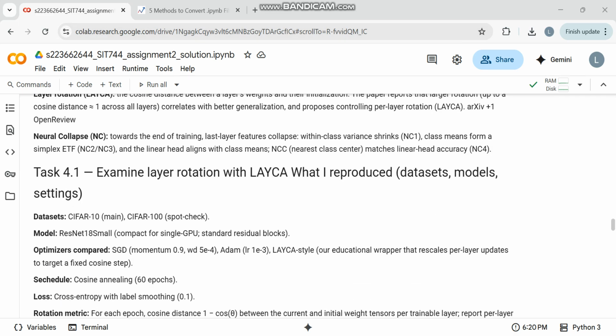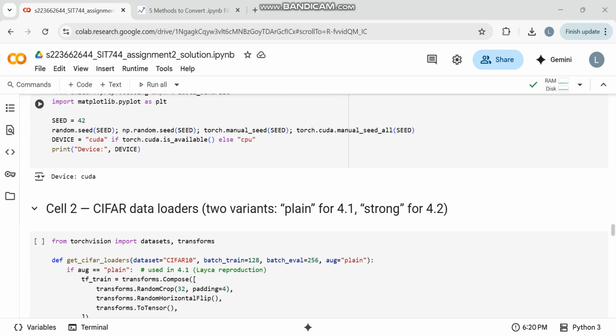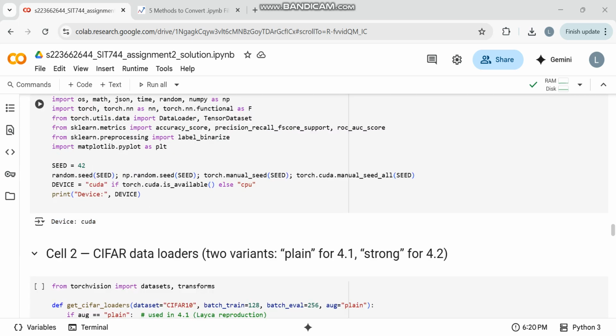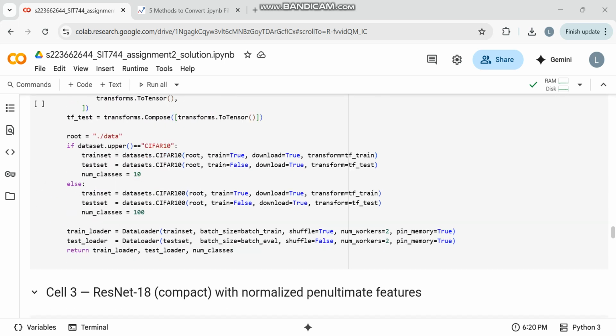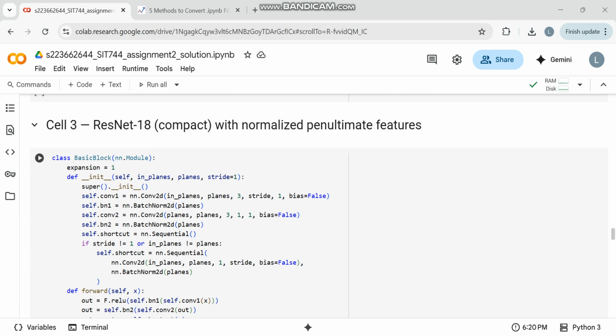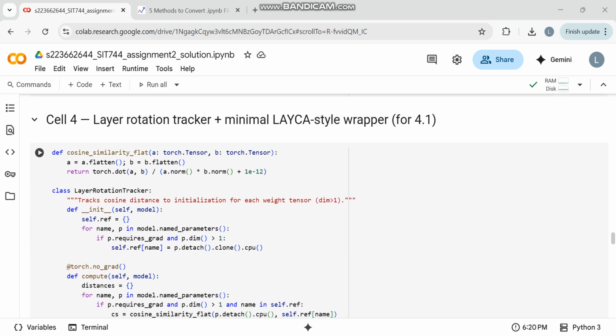This is the SG task that I have done and all the requirements that were there. Just install the basic setup, then deal with the CIFAR datasets, then go on to ResNet-18, and then the layer rotation.